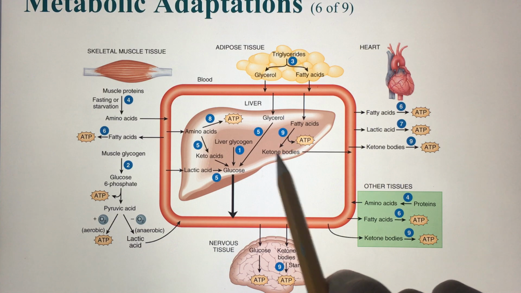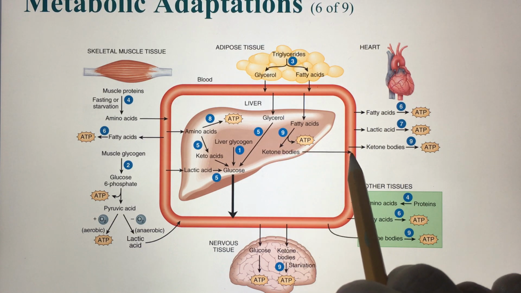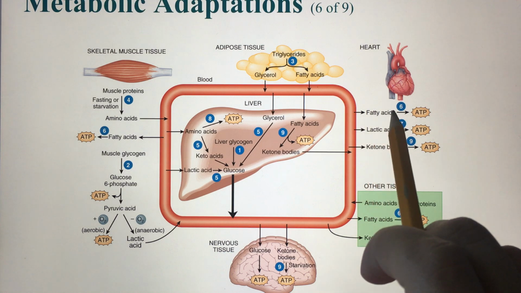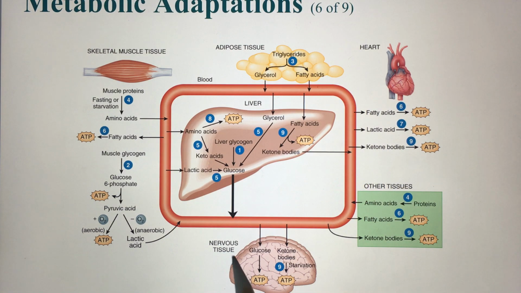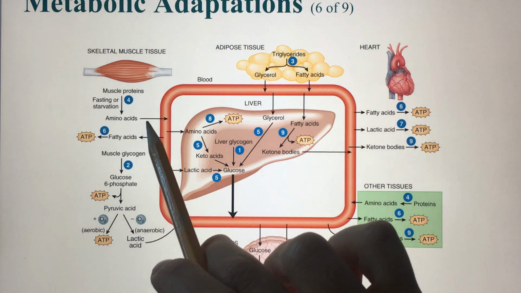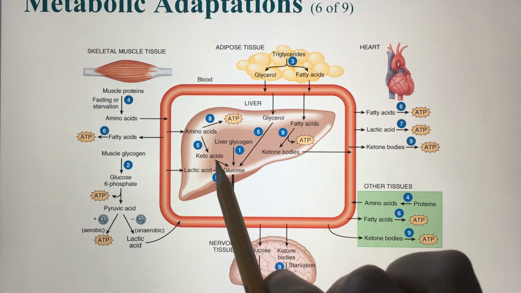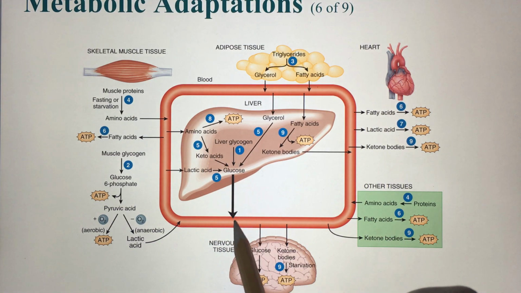Fatty acids will be broken down into ketone bodies and used by the tissues, and fatty acids can also be used by the tissues directly to make energy. Proteins also have to go through the liver in order to become glucose and then be used for energy. So proteins cannot be used as energy directly. They have to be broken down into amino acids first, then go through the liver, be converted into glucose, and then used for energy.